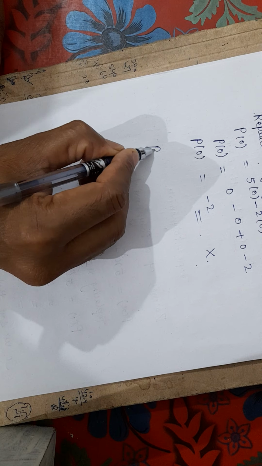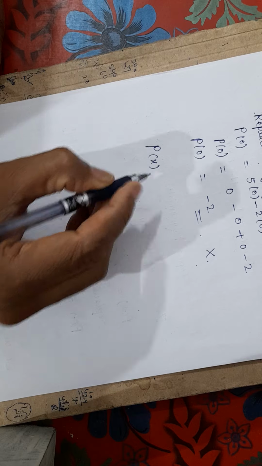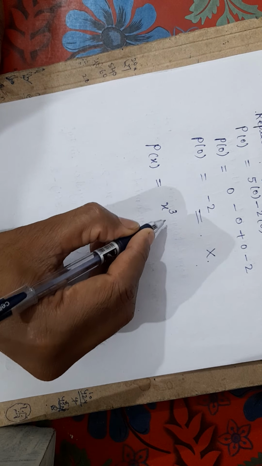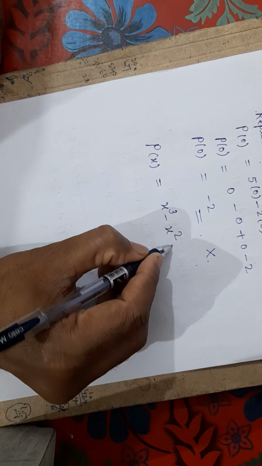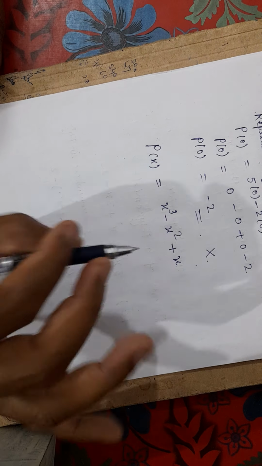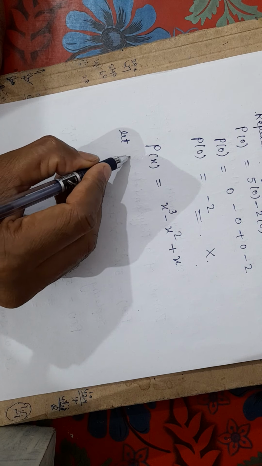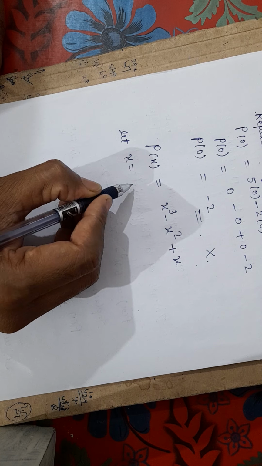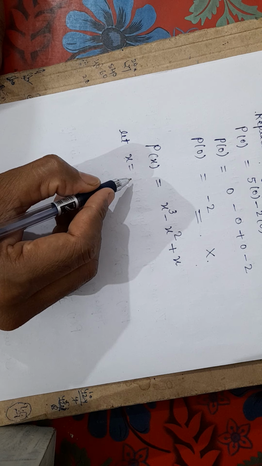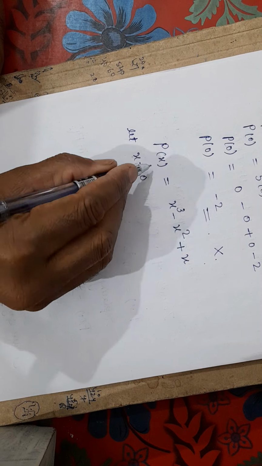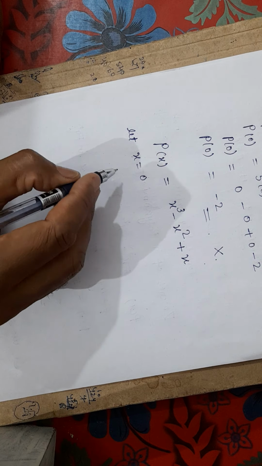Now consider a different polynomial, p(x) equal to x cube minus x square plus x. So let us put x equal to zero. Replace the value of x by 0 here.